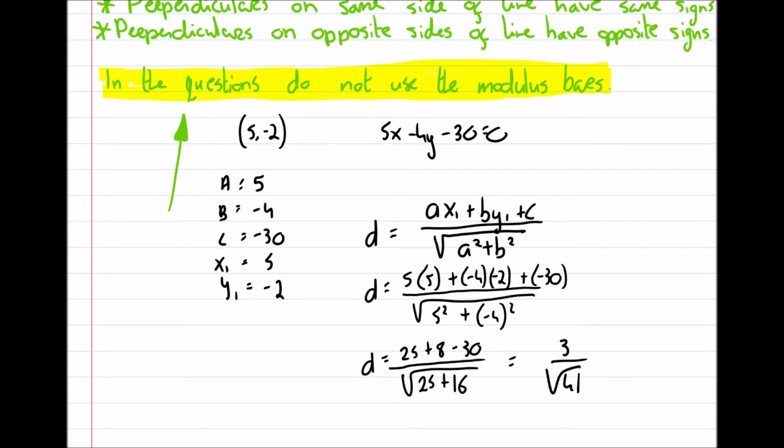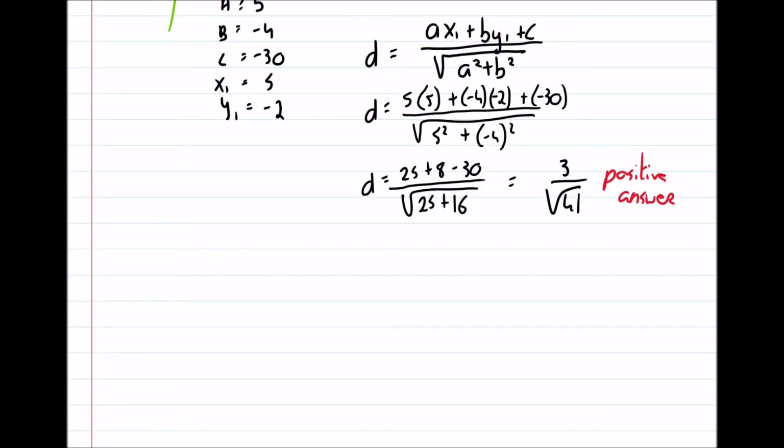Now I could type that into the calculator and get an answer not in short form, but I don't really care about the answer. I just need to know that that is a positive answer. Now if the other answer is positive, I can say they're on the same side of the line. However, if the other answer is negative, then I'd be saying they're on opposite sides of the line.